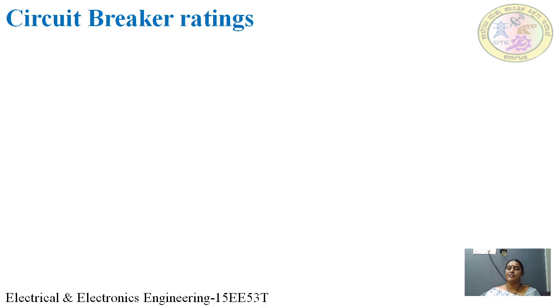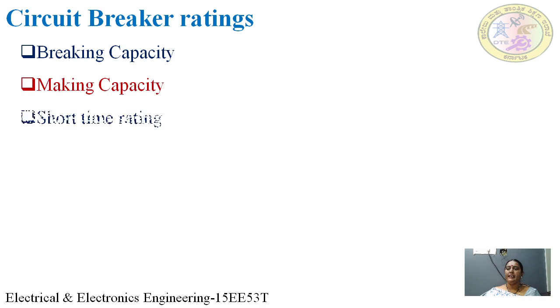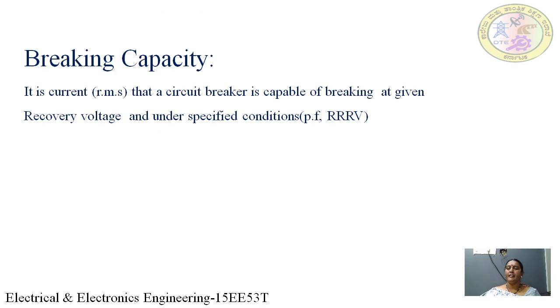With this duty, let us look at circuit breaker rating. Circuit breaker rating is given in terms of its breaking capacity, making capacity and short time capacity. Breaking capacity is expressed in terms of current.